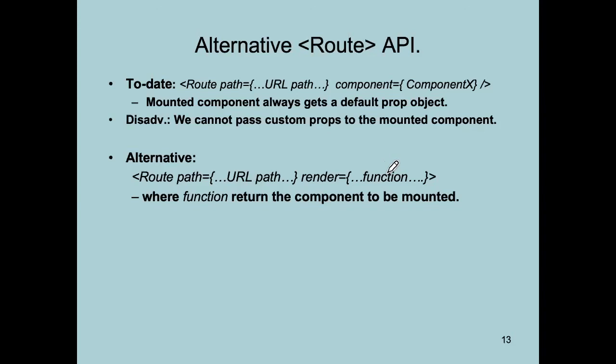Typically, the logic would be concerned with setting up these additional props that you want to have passed to the component. But the return statement of the function will return the component that you want to have mounted. But in that return statement, you can actually add the props that you want to have passed to the component.